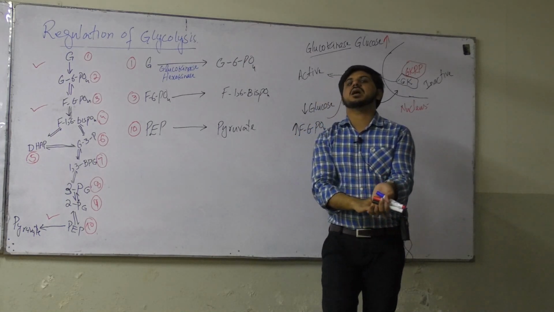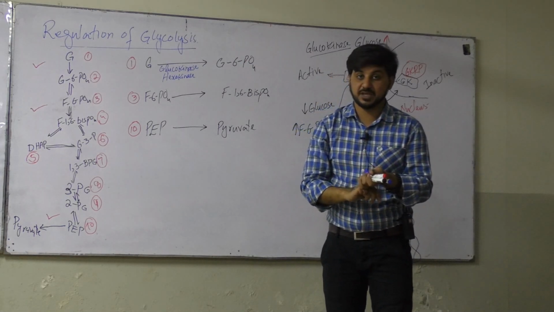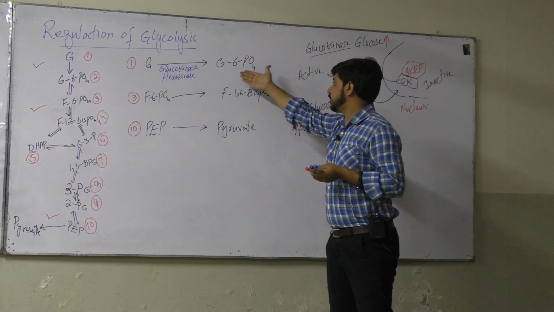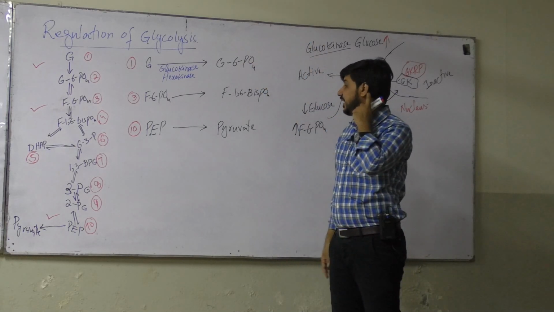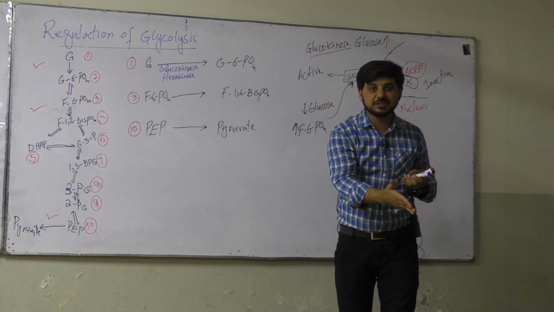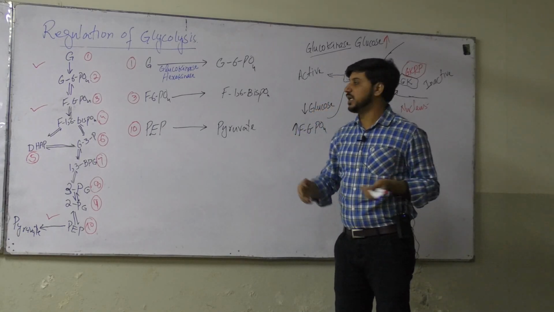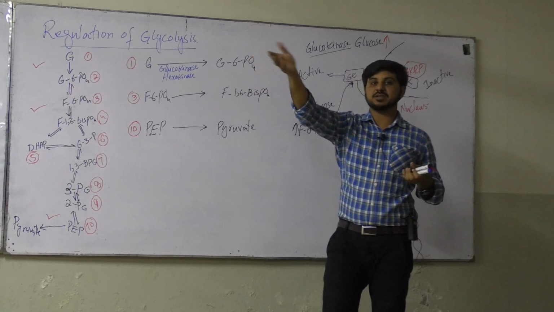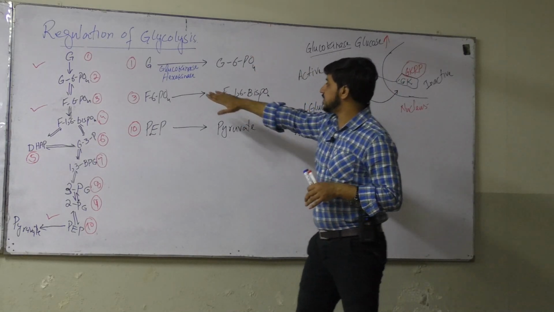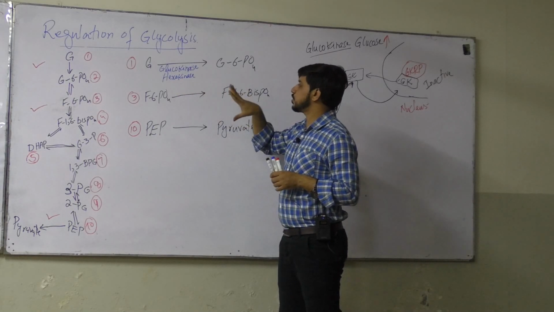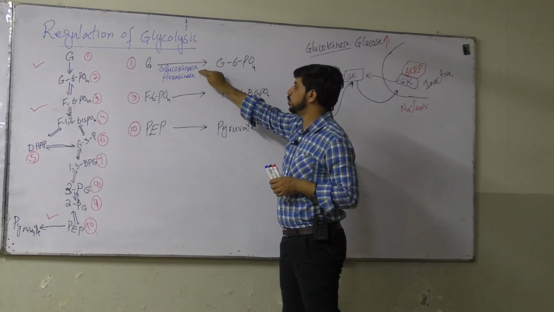Either we need energy or we don't need energy. If we need energy, this glucose 6-phosphate will continue to shunt itself into the catabolic pathways, and if we don't need energy, it will shunt itself into other pathways like the synthesis of glucose or gluconeogenesis. So that's why this enzyme hexokinase is not so significant as compared to glucokinase.